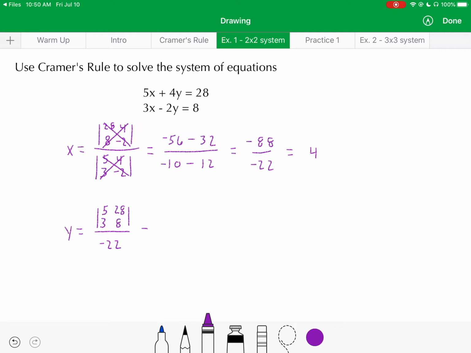So I evaluate the top: this product is 40 subtracted by this product, which is 84, all over that -22. So that's -44 over -22, which simplifies to 2. You put these together and we can say the solution to this system is the point (4, 2).